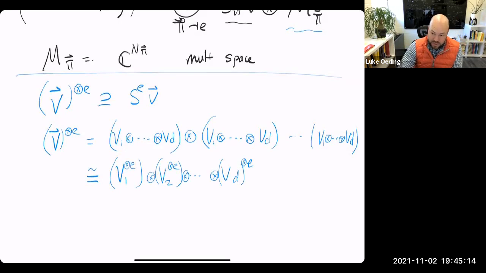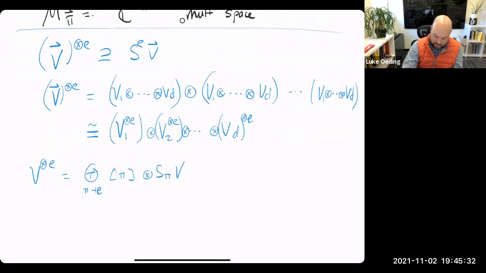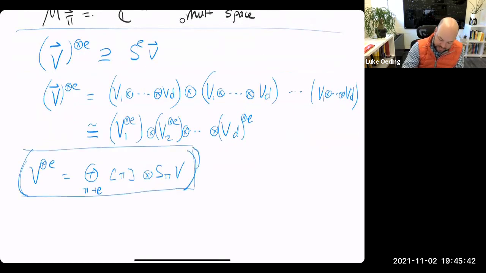Now I can use my statement of Schur-Weil duality, which allows me to compute each one of these. Remember that V tensor to the E is the direct sum of representations of the symmetric group for pi, a partition of E now, tensored with S pi of V, with no vector. That's just a single partition. This is essentially the Schur-Weil duality statement, and I can apply it in each case.